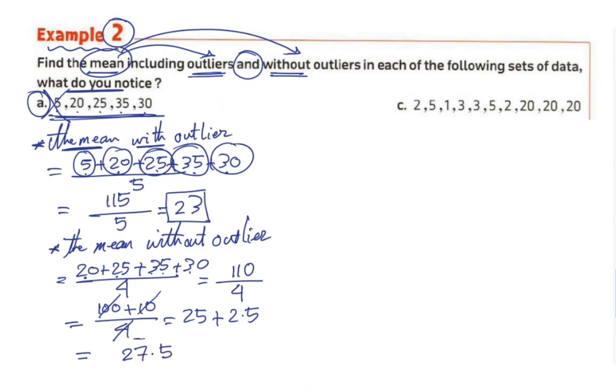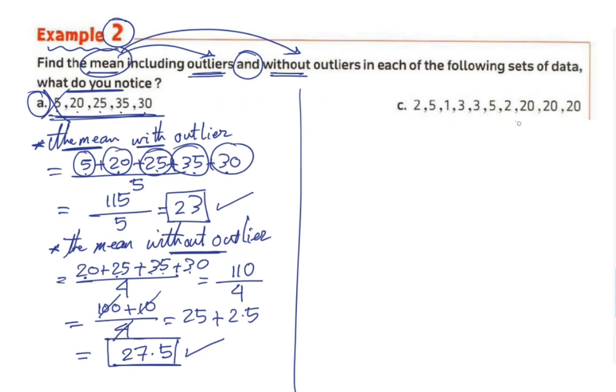Now look with me: the mean with outlier equals 23, but without outlier it's 27.5.